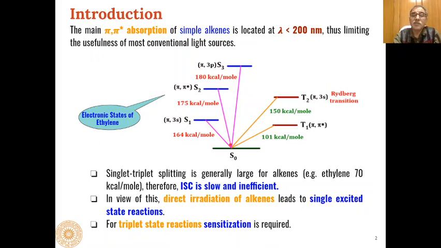Similarly, in ethylene we require 175 kilocalories per mole to excite the electron to the second excited singlet state, that is the pi to pi star transition.